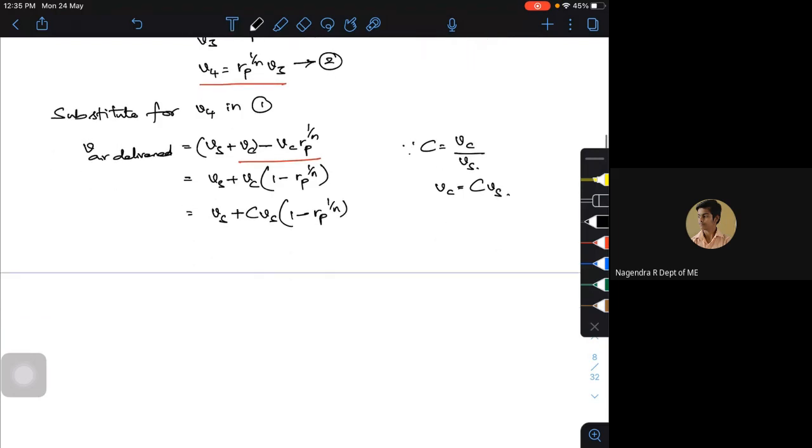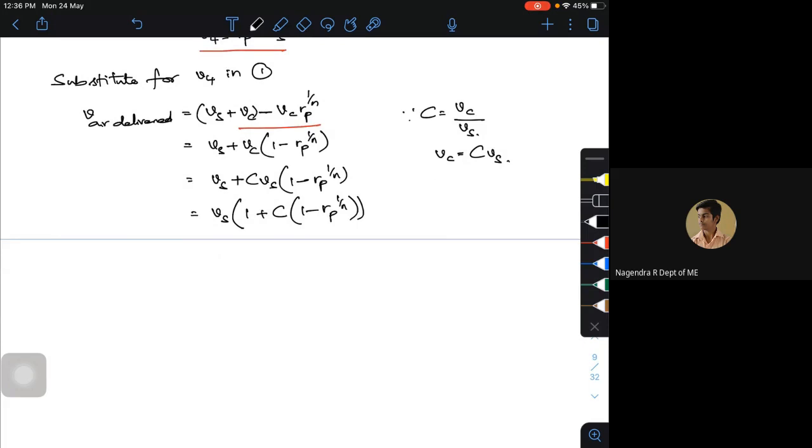If I take Vs outside, this will be 1 plus C, no, I need to retain this C into Vs. If I take Vs outside, this will be 1 plus C into 1 minus Rp to the power of 1 by n, and one more bracket.